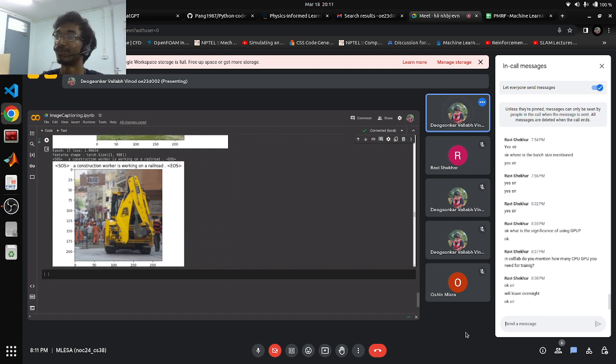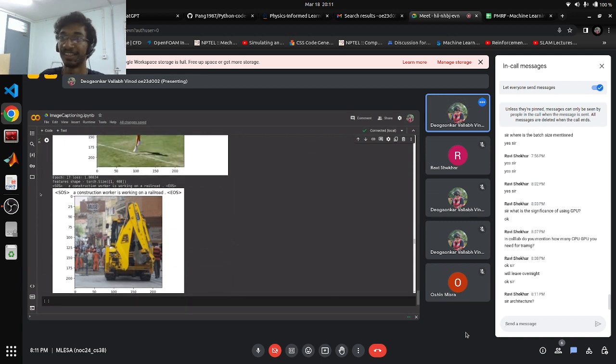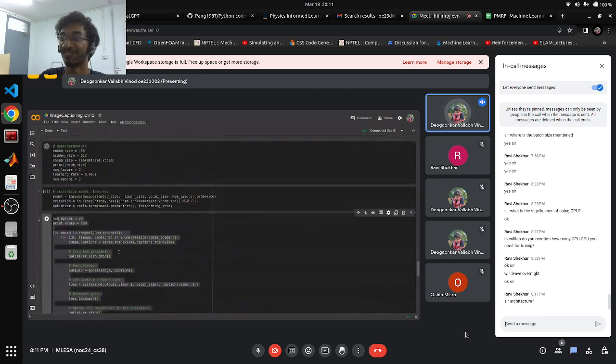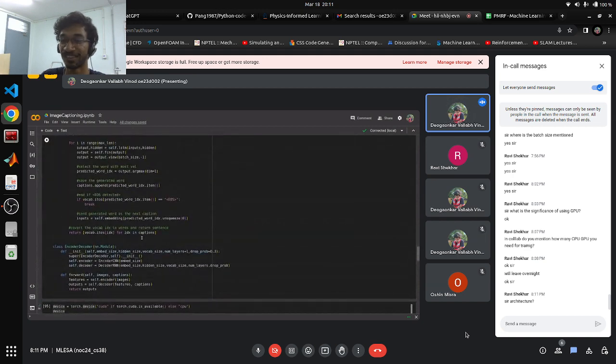So you can make more complex models to get better features. I understand the question about architecture, yeah. I kind of skipped that part a little bit because it would take a long time to cover. You need to go through the lectures of week 6, 7, and 8 to really understand this architecture.